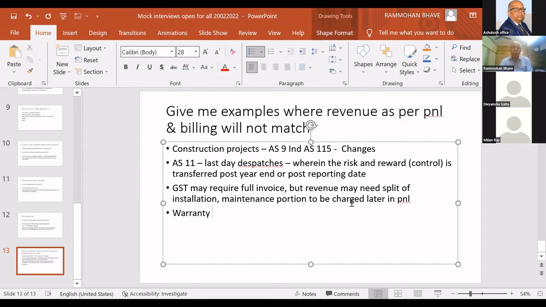Warranty in the nature of services will change revenue. Where advance money is collected, or product recall will result in revenue reversals.